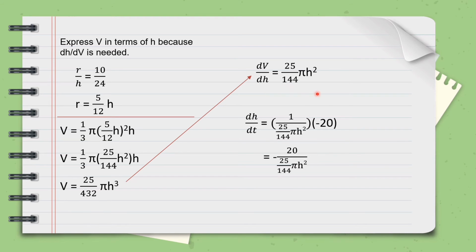From dV over dH, we can get dH over dV, as we want it for the equation of dH over dt. Hence, we get dH over dt, which is 1 over 25 over 144 pi h squared times negative 20, and we get negative 20 over 25 over 144 pi h squared.